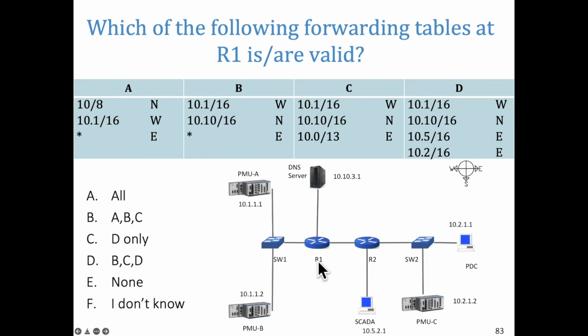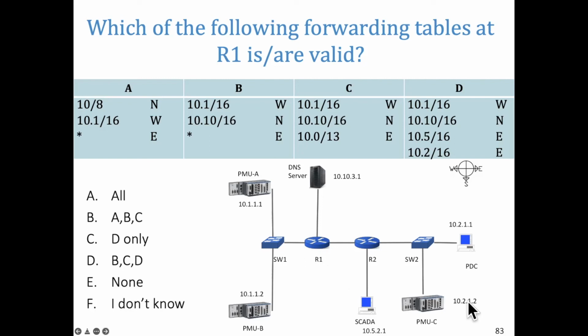For whatever packets are destined to PMU A or PMU B, we expect R1 to forward them to its west interface. For a packet that has the destination address of a DNS server, we expect R1 to forward it to the north interface.